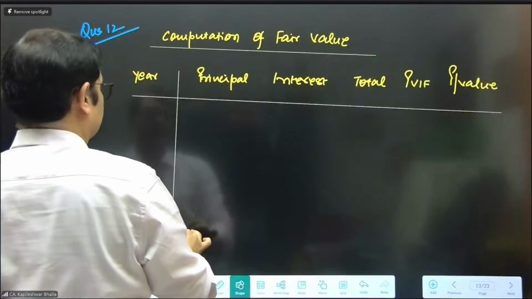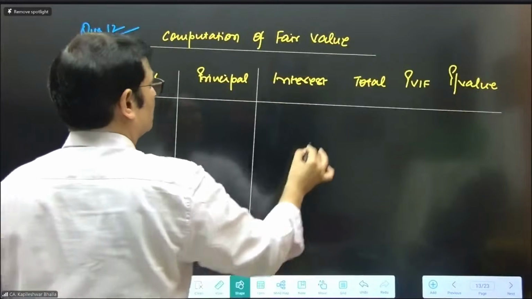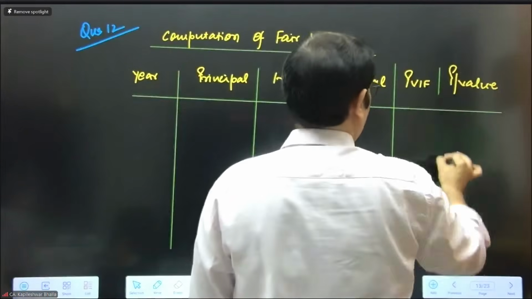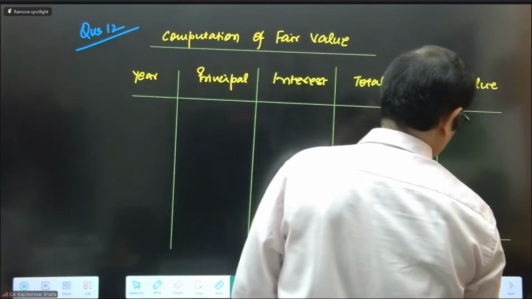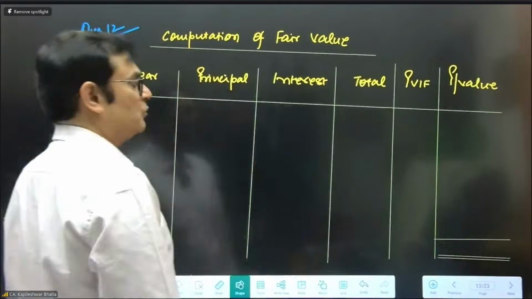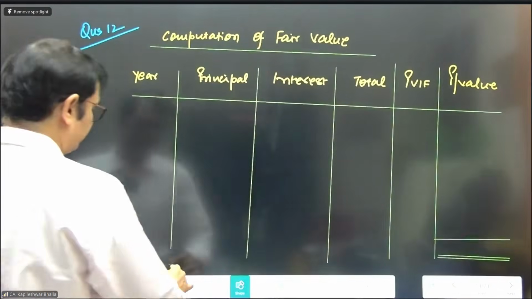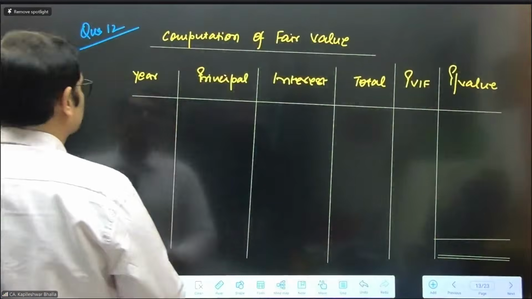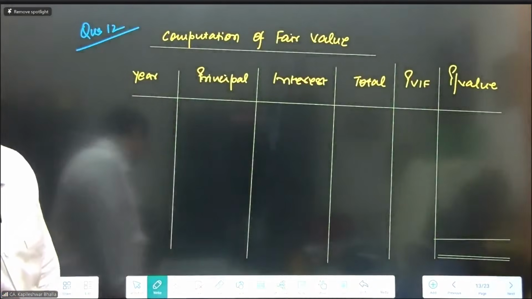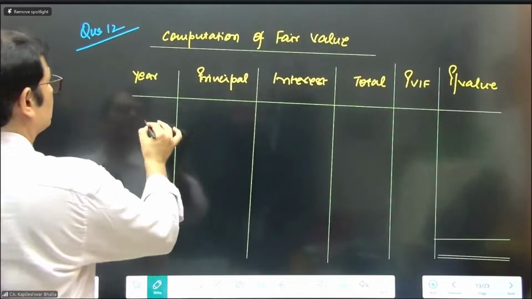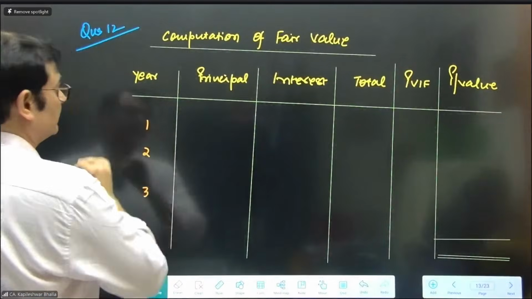The data for the principal and interest collections is already defined in the question. We just pick up the information and fill in the data. We've got a loan which is spanning a period of 3 years: year 1, year 2, year 3.